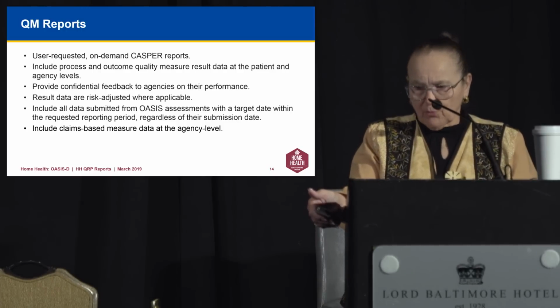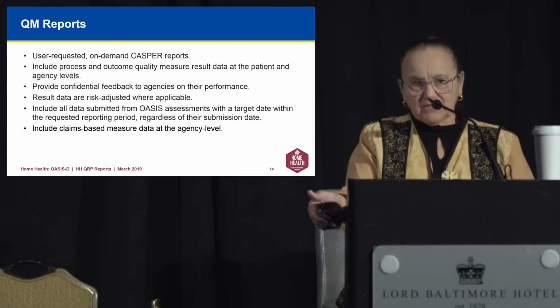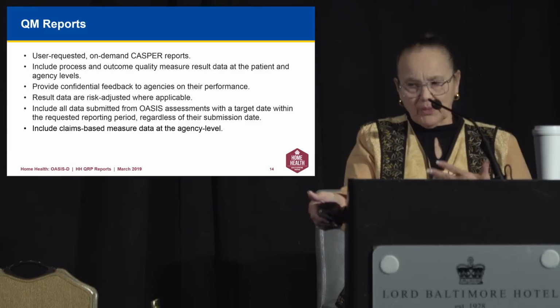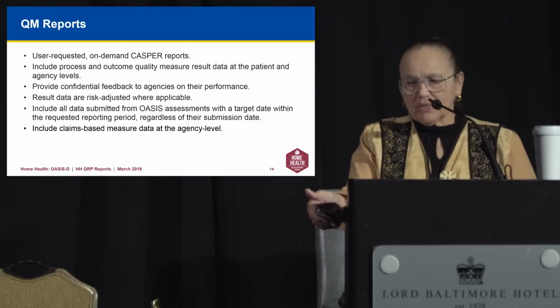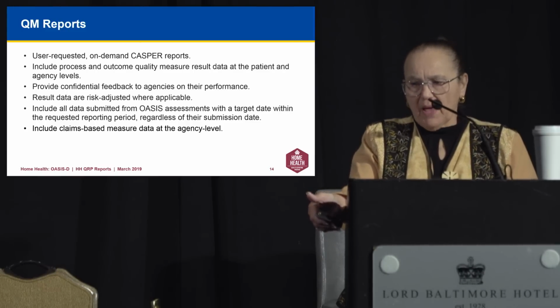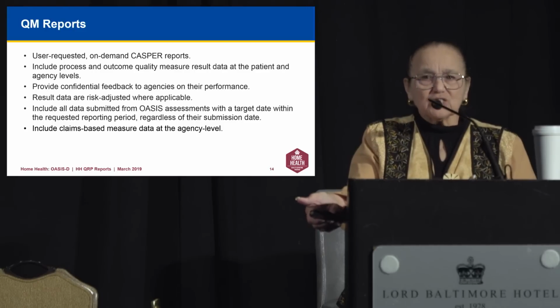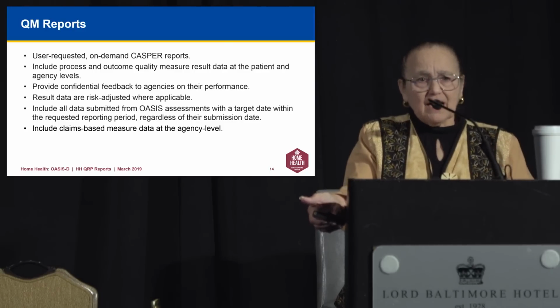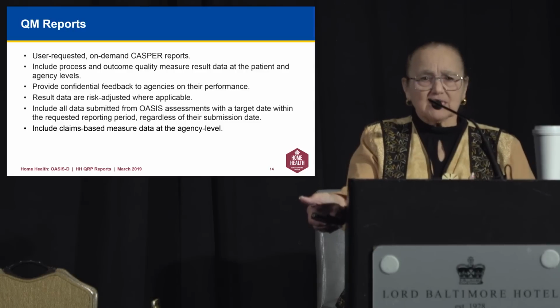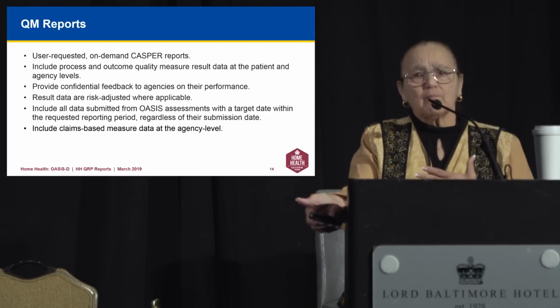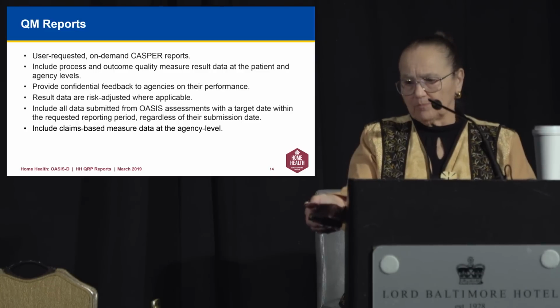It gives you process and outcome quality measure result data at the patient and the agency level, as we have said. It's going to give you confidential feedback to the agency on your performance in that quality measure. And as I have said, this is critical in setting up and monitoring the progress of your performance improvement plans as a part of your overall QAPI program.